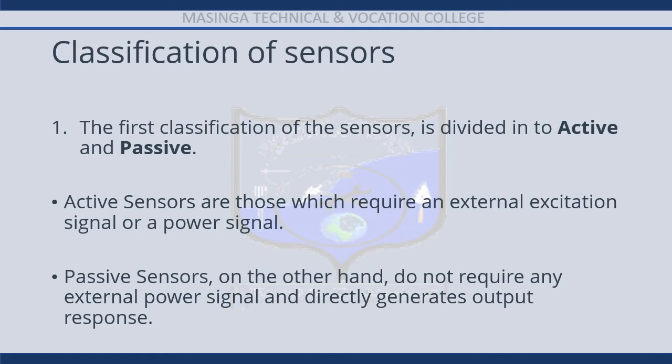In this case, the bat acts as an active sensor because it produces sound waves which it uses to measure distance. In much the same way, active sensors produce their own signals for measurement, and that is why they require a power signal. On the other hand, passive sensors do not require any external power signal.